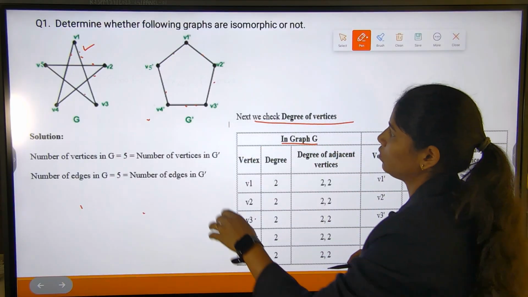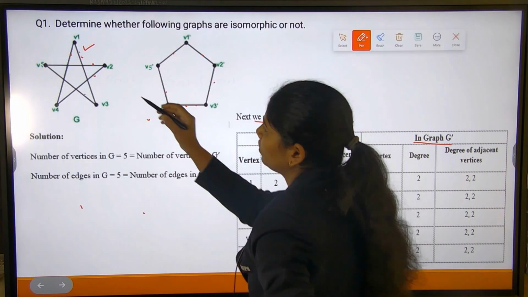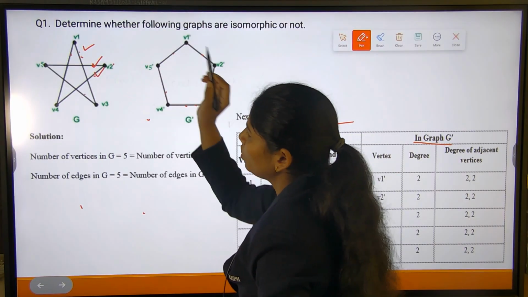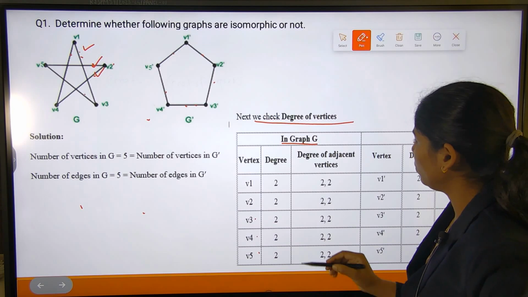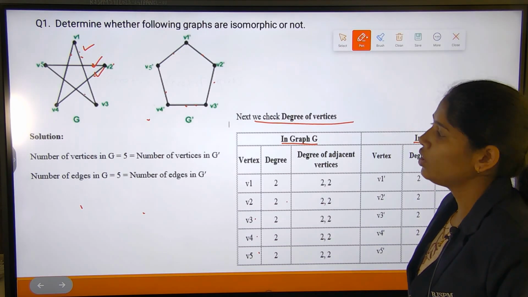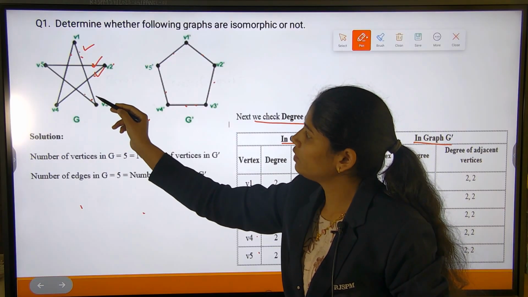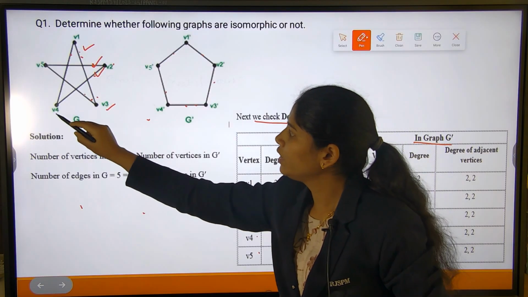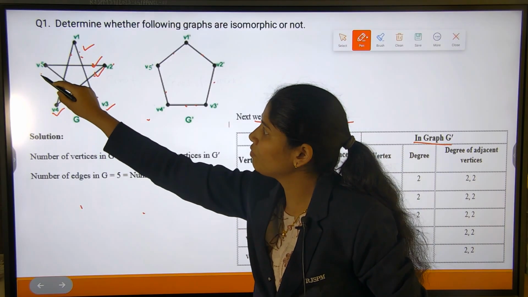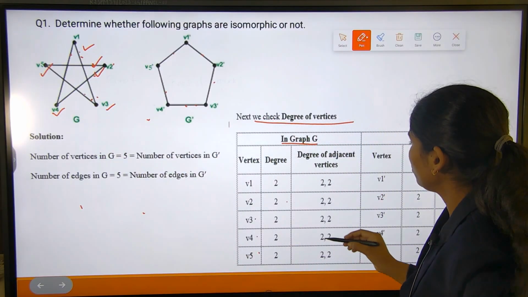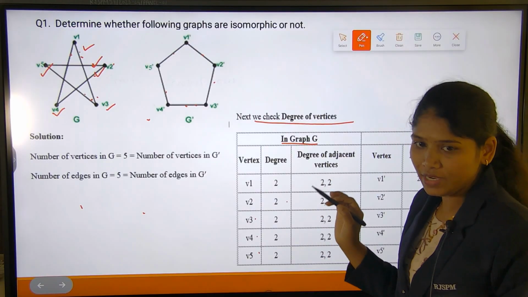For V2, again there are 2 edges joined to V2, therefore its degree is 2. The degree of V3 is 2, V4 is 2 and V5 is again 2. So write down the degree of each vertex.